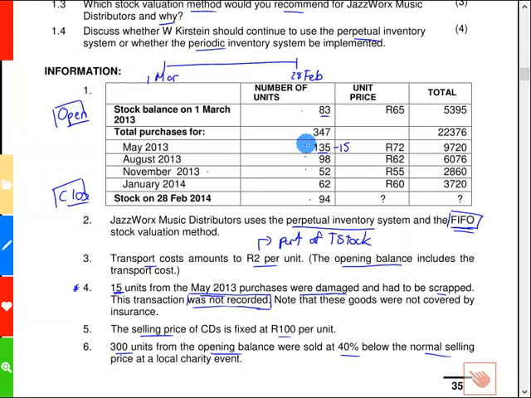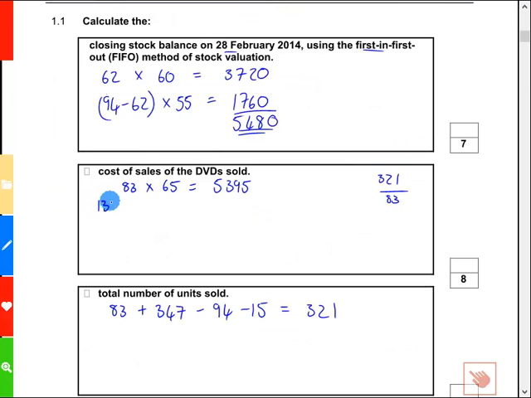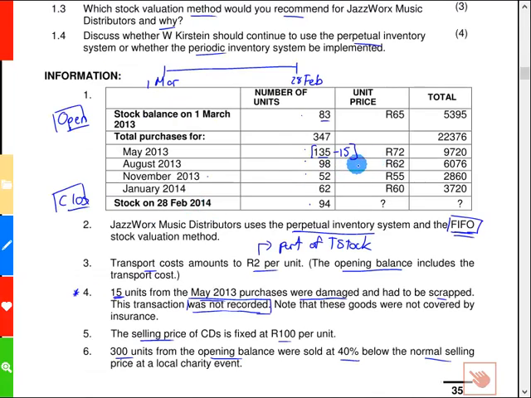Then the next batch of units that would have been sold, because we're using the first in, first out, is going to come from the next batch that was purchased, which was the May purchases. But because 15 of these units were damaged, we can't sell them. So we're not going to take the full 135, we're going to take 135 minus 15 from the May batch. So that's going to give us 135 minus 15, and the cost price of those units were 72.